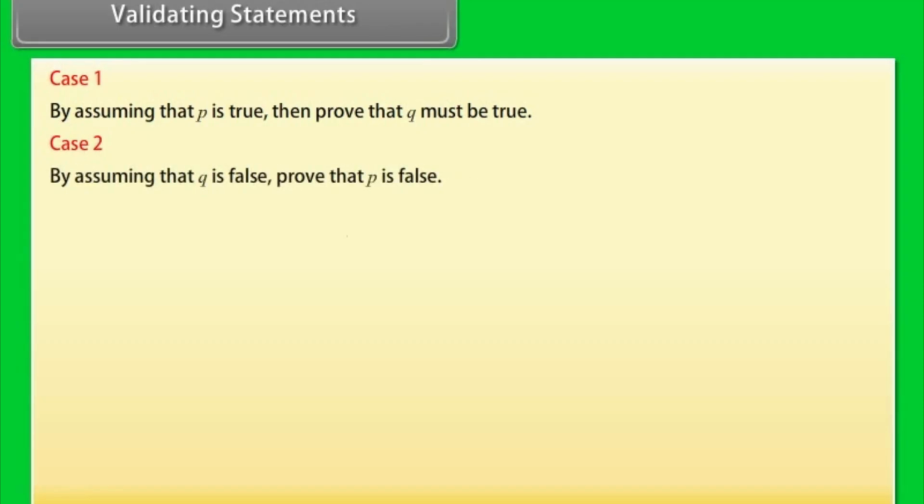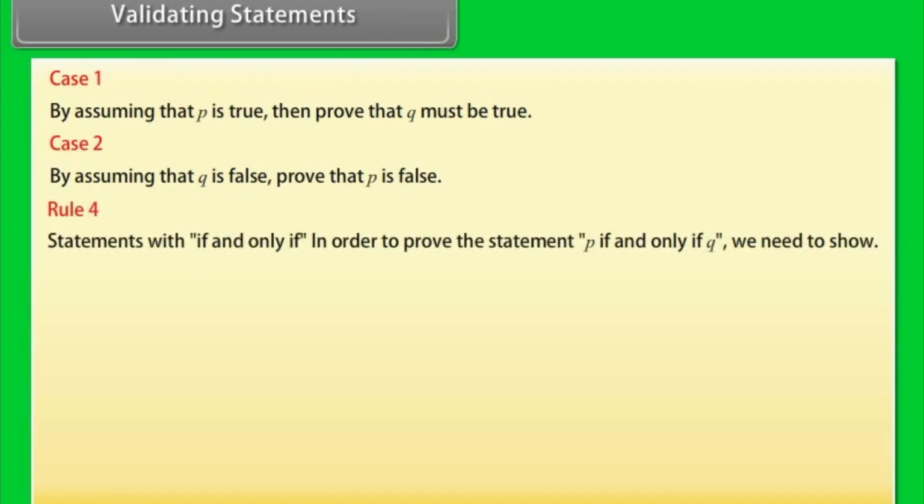By assuming that Q is false, prove that P is false. Rule 4. Statements with if and only if. In order to prove the statement P if and only if Q, we need to show Case 1. If P is true, then Q is true. Case 2. If Q is true, then P is true.